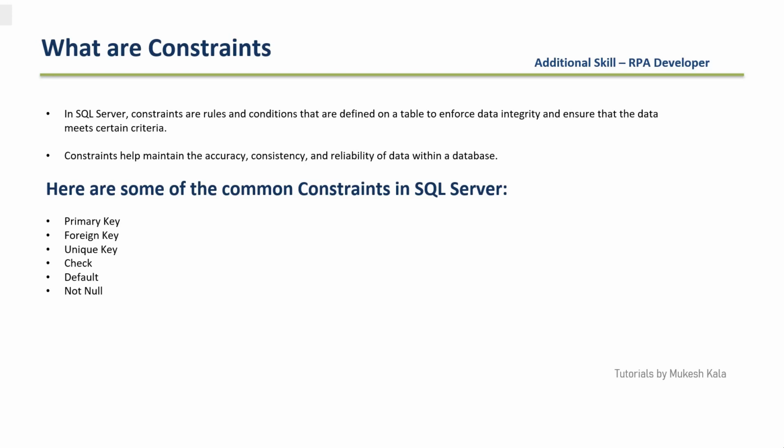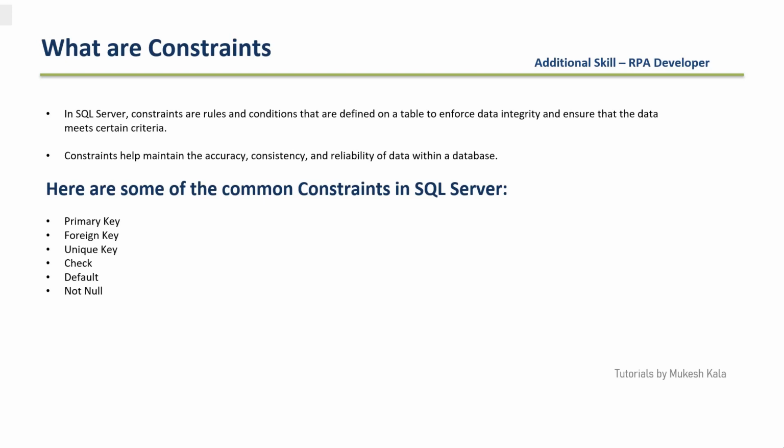Let's take another example. Let's say I'm creating a database of employees and I am storing some data where we have a field called date of birth. Now if some employee comes and says that they do not have a date of birth, that means my data becomes inconsistent. I do not have reliable data. So I can make this column not null.